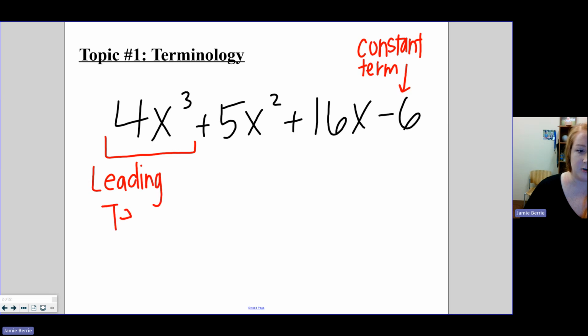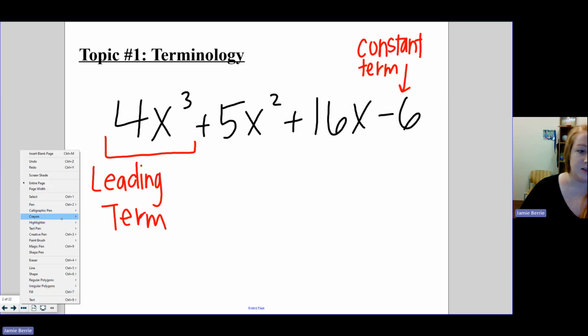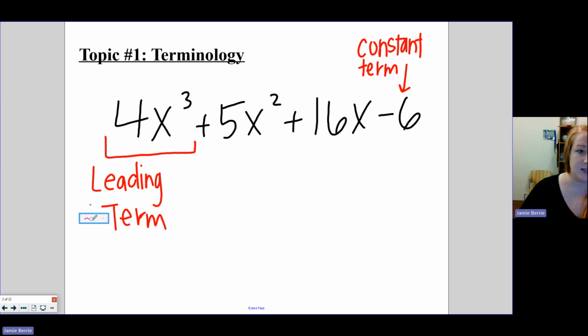The leading term is the piece of the polynomial that has the greatest effect on the shape and the size of the polynomial. More specifically, you will also see the coefficient in front of that variable. They'll refer to this sometimes as the leading coefficient.